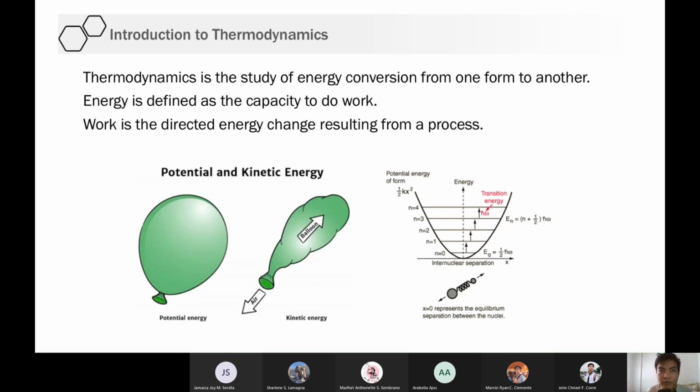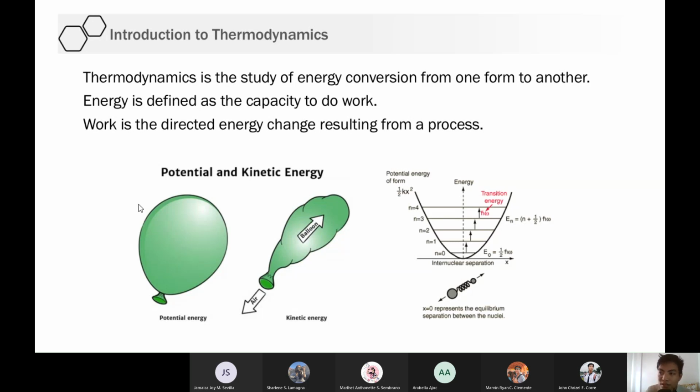So, ibig sabihin, if yung energy natin, kunwari, potential energy, naging kinetic energy, yung study ng pag-change ng form of energy is called thermodynamics, no? And we define energy as the capacity to do work, no? So, ibig sabihin, kapag may work, may gumagalaw, may flow, may nagbabago, sa energy kapag may work.